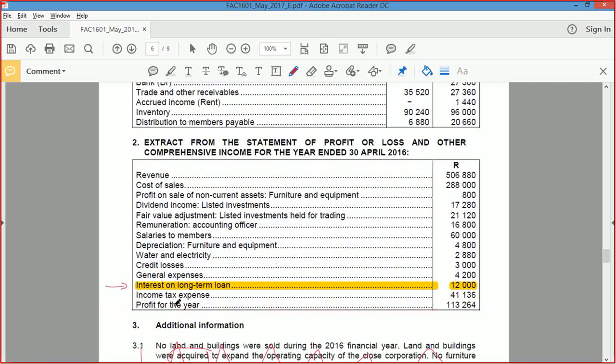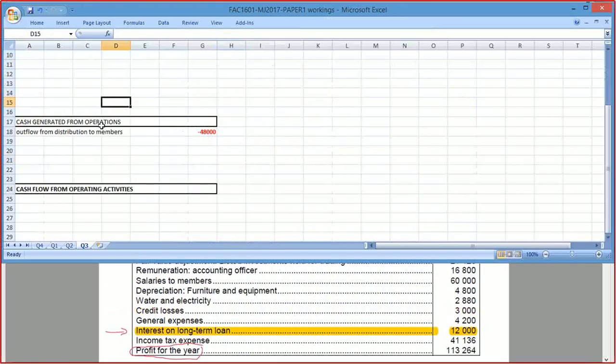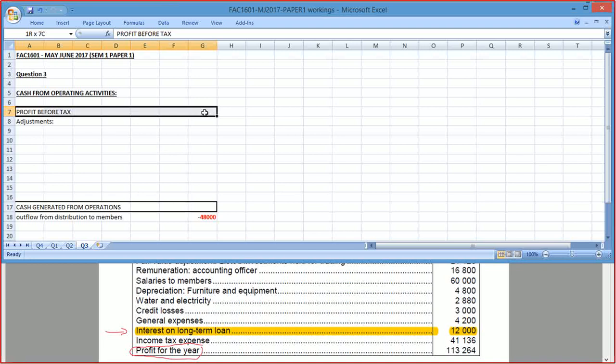Okay. Notice also, though, that you had profit for the year. So I need to put the interest in, but remember, profit for the year isn't something that I need to record. What do I record in the cash flow? Indirect. Profit before tax. Yes. So now, how do I get profit before tax from profit for the year?